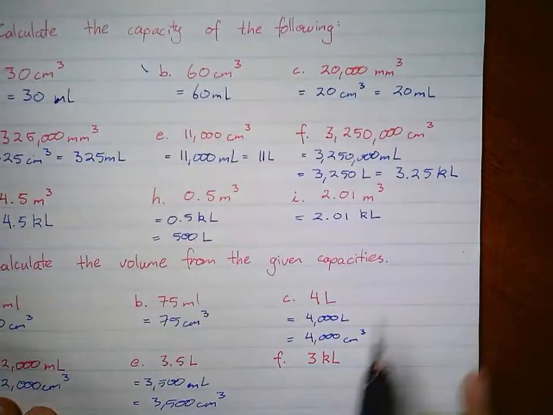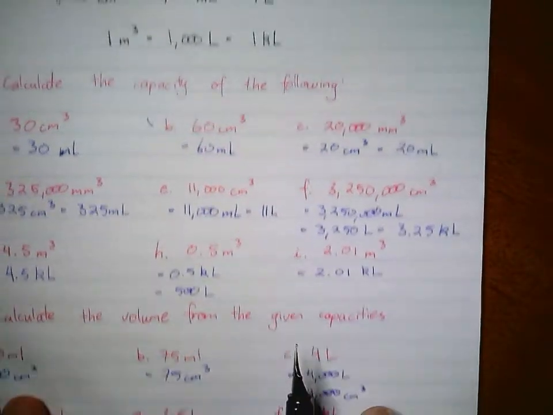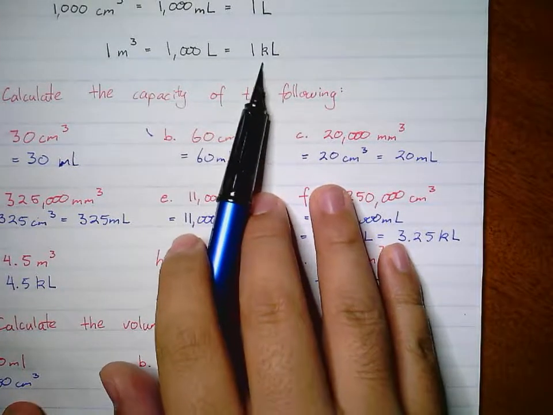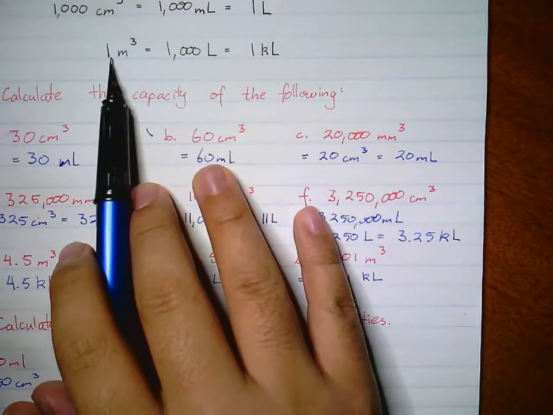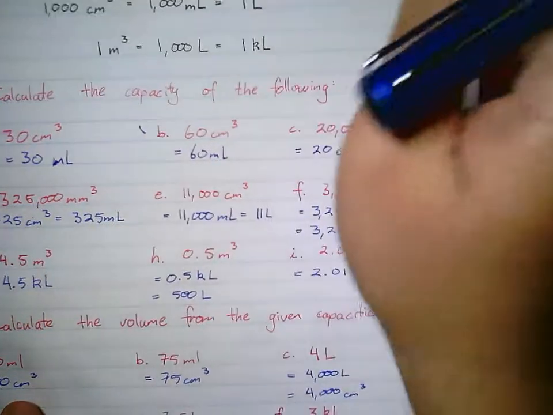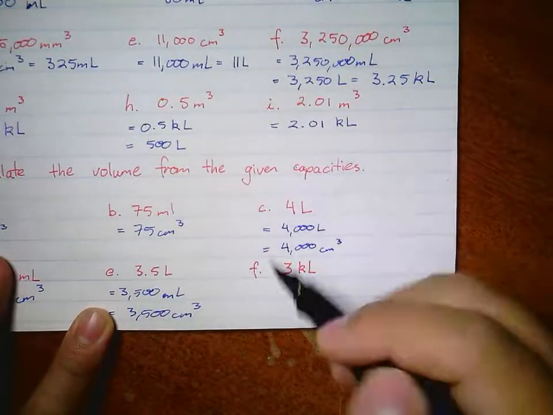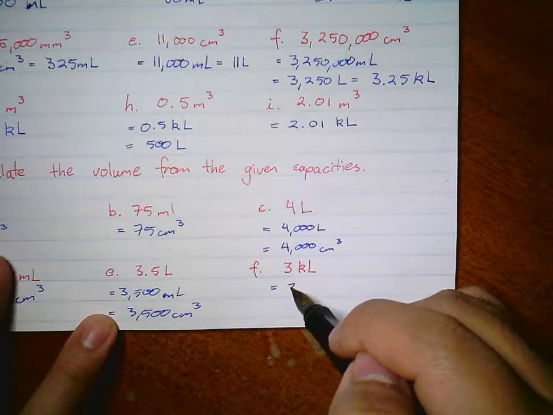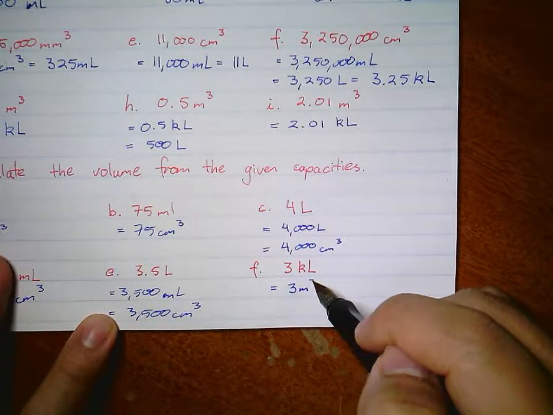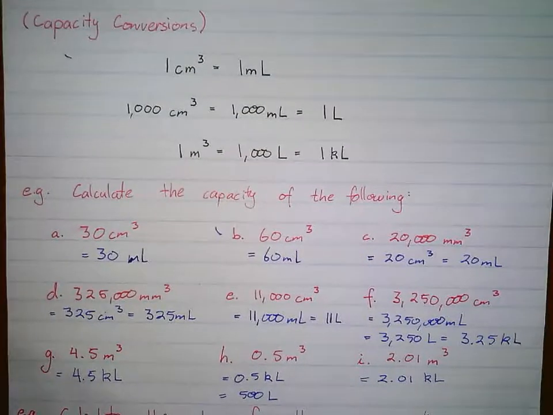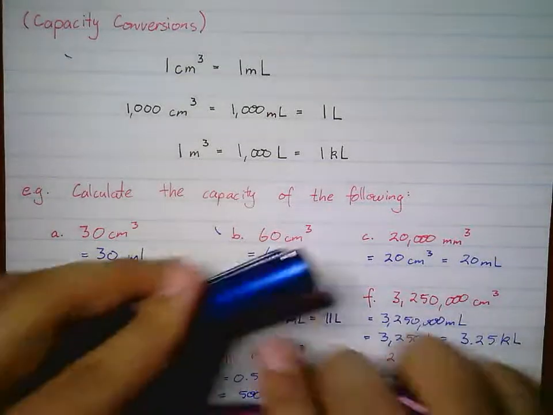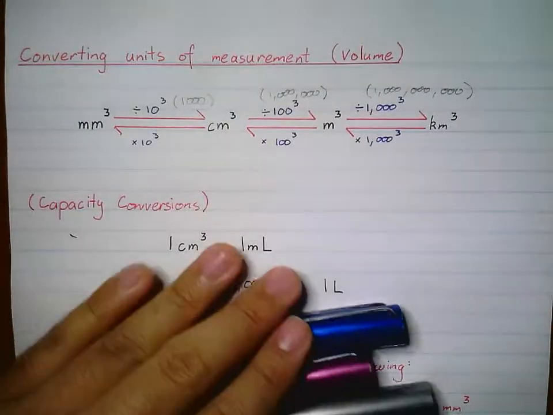And finally, since we have this in kiloliters, and since we know 1 kiloliter is the same as 1 meter cubed, this is a simple conversion into 3 meter cubed. That concludes the video tutorial on converting volumes and capacities. Best of luck.